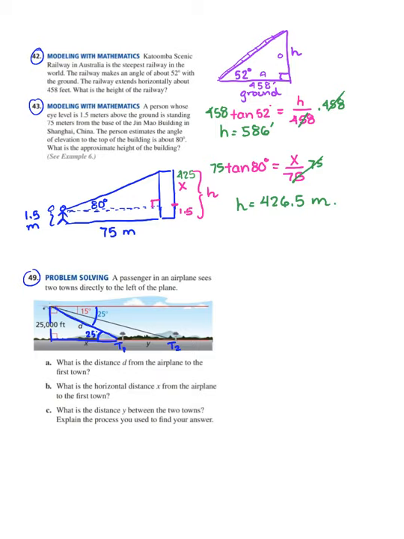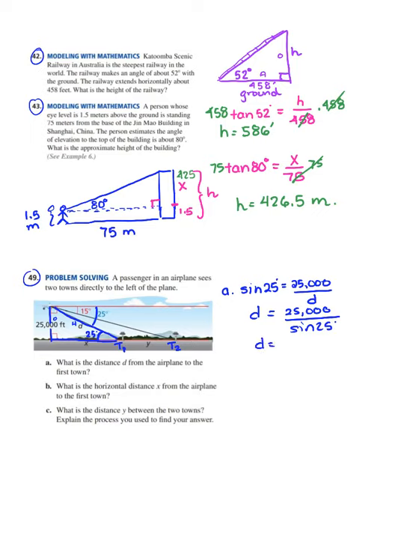So to solve for D, I have the opposite. I have the hypotenuse, which is what I'm looking for, and that is sine. So to do part A, we're going to take the sine of 25 degrees. That equals the opposite, 25,000 feet over D. So that means that D is 25,000 feet over sine 25.